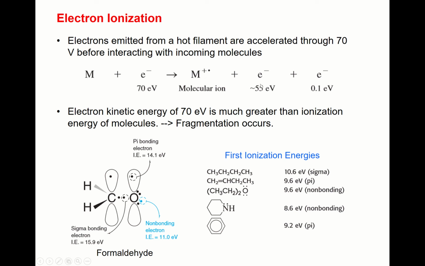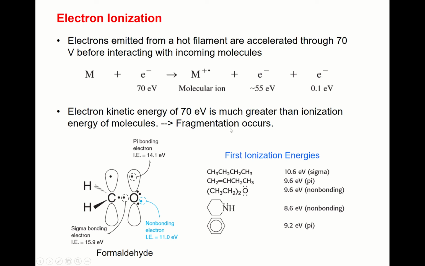So there are two electrons of different energies. Electron kinetic energy of 70 electron volts is much greater than the ionization energy of molecules. So usually this is the molecular ion.